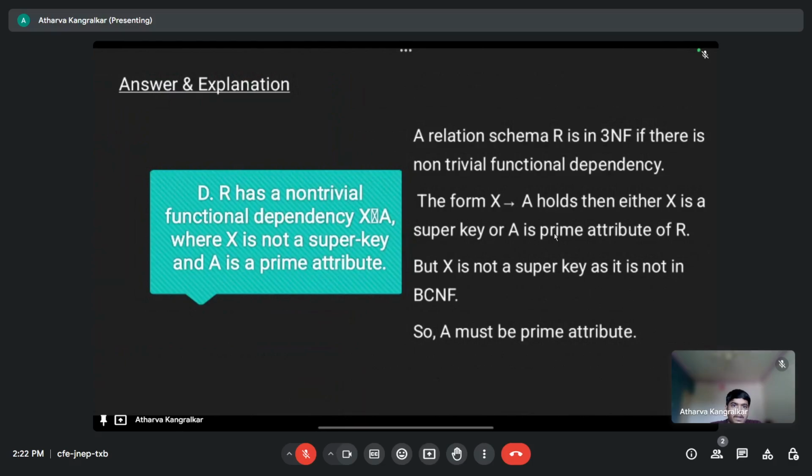A relation schema R is in 3NF if for every non-trivial functional dependency of the form X to A that holds, either X is a superkey or A is a prime attribute of R. But X is not a superkey as R is not in BCNF. So A must be a prime attribute.